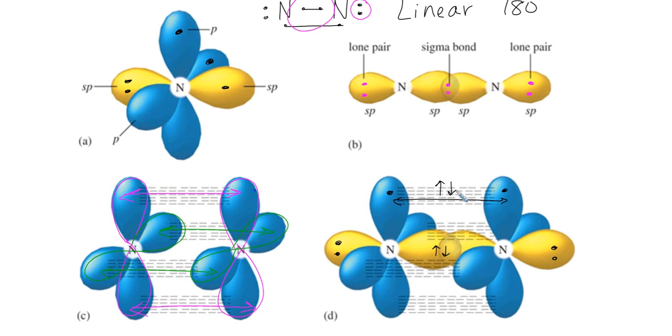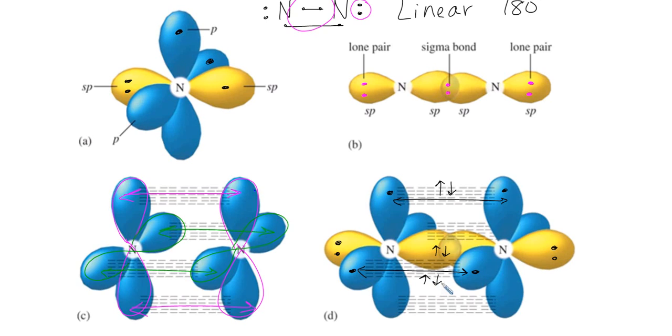And then I have that other unhybridized p orbital. So maybe we'll throw one in here, one in there. And again, I don't know if it's in this lobe or it could be in the back lobe. That we don't really know. But then these extra orbitals would also overlap and share 2 electrons.